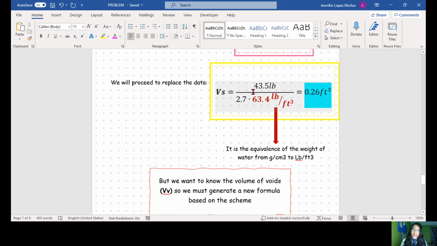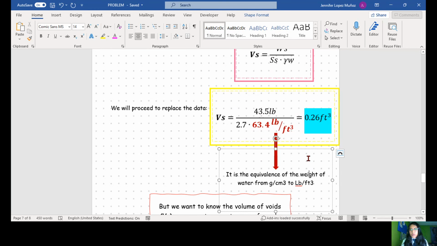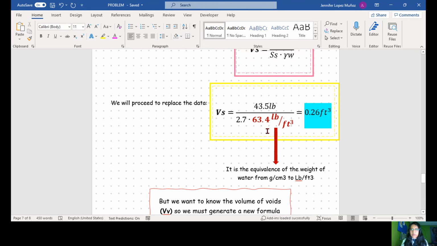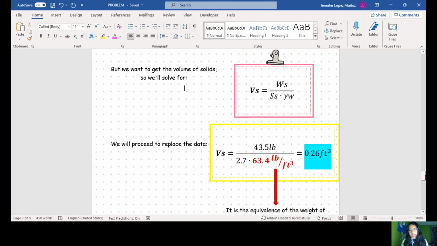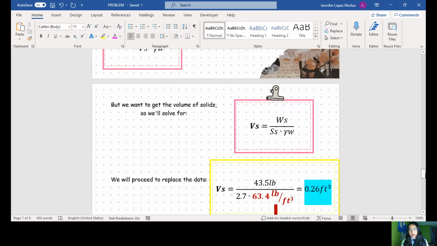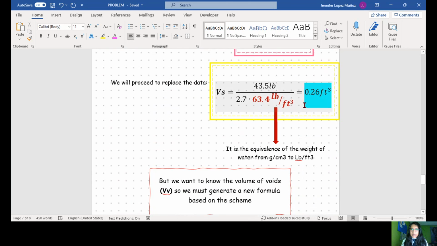This is the equivalence, 62.4 pounds divided by cubic feet. To solve this operation, the result is equal to 0.26 cubic feet. Okay, because I need this data.